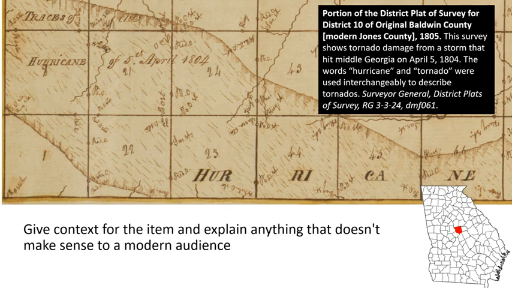To me, this is starting to sound a lot more like a tornado than a hurricane. Well, come to find out, during that time, the terms hurricane and tornado were both used interchangeably to describe tornadoes. So a modern audience won't know this. And when we presented this, in one of our land exhibits, we made sure to explain this to folks.